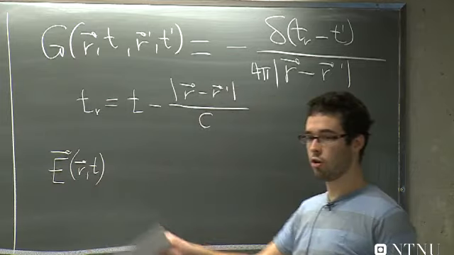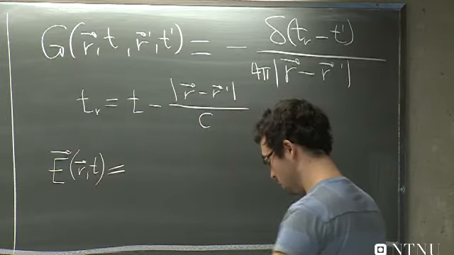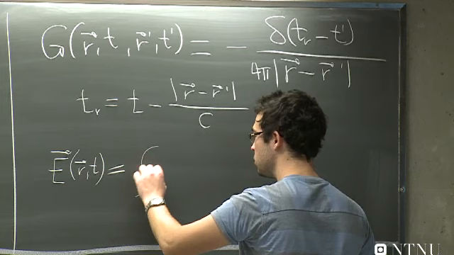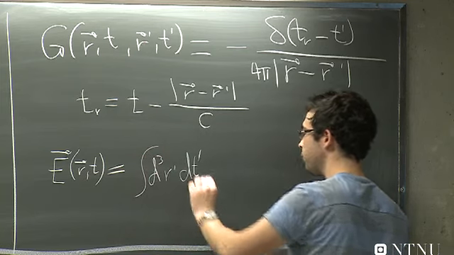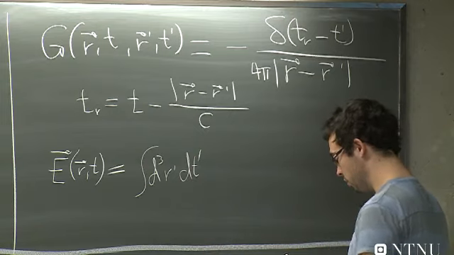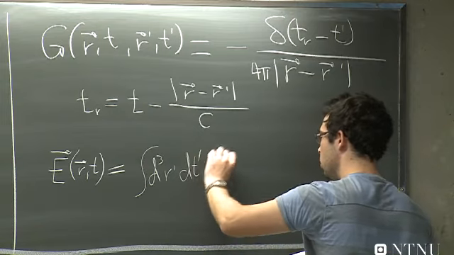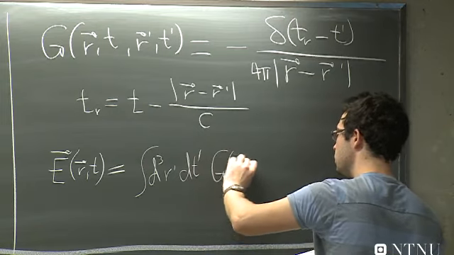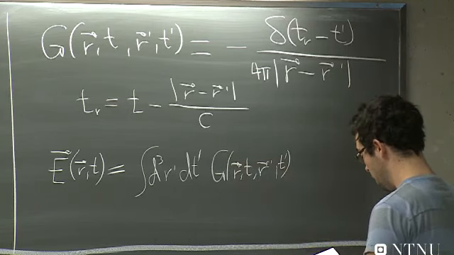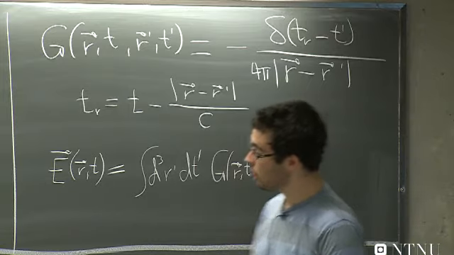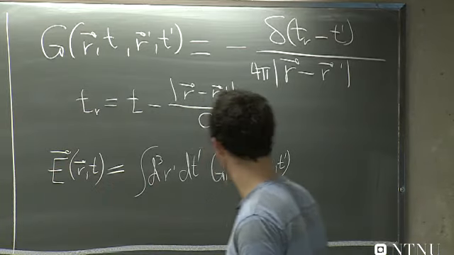So the electric field as a function of space and time is equal to an integral over the Green's function and the sources. So I integrate over the primed coordinate system, G of r, t, r prime, t prime, and the source term, that's these two terms.